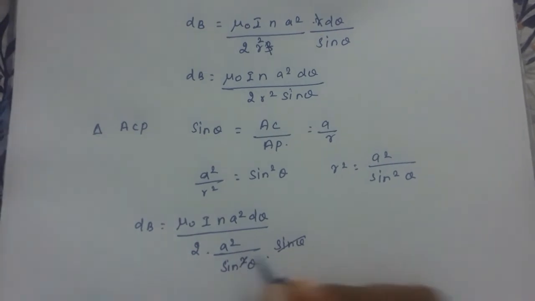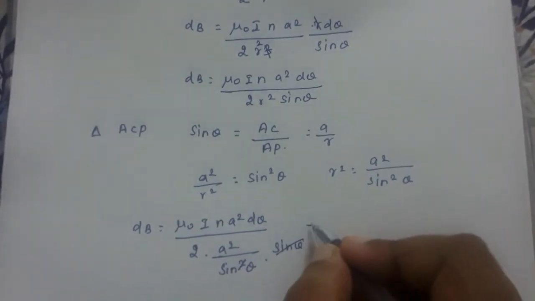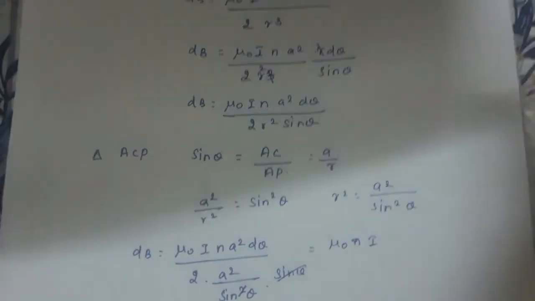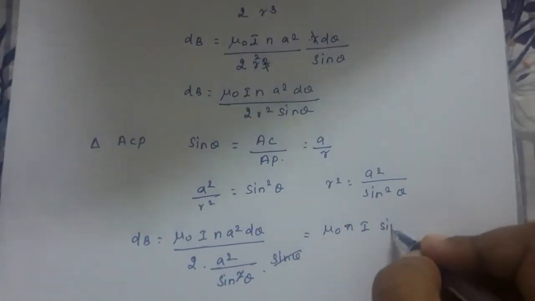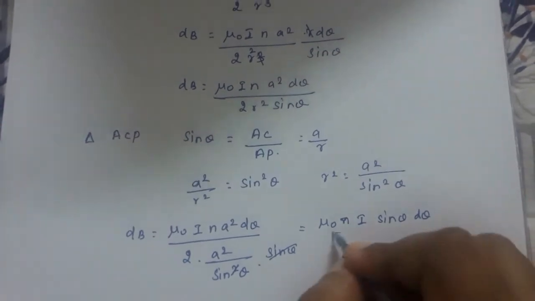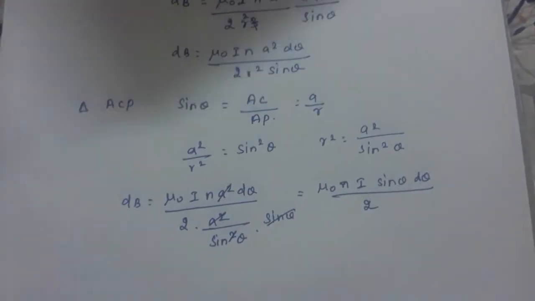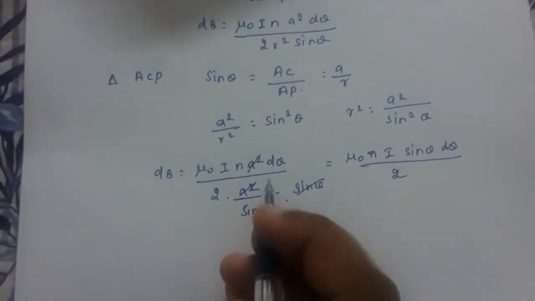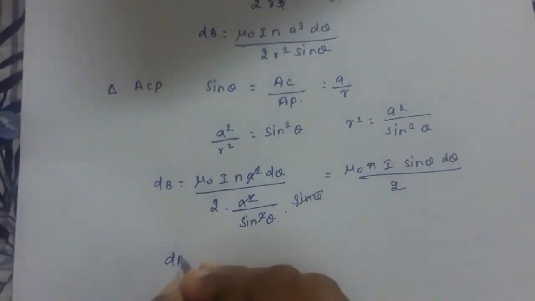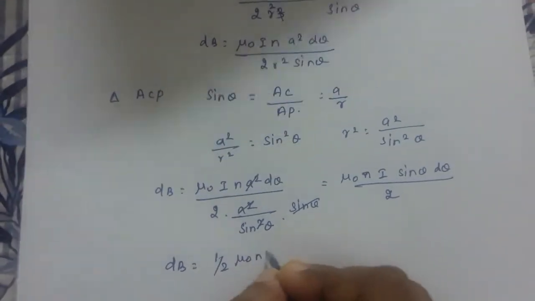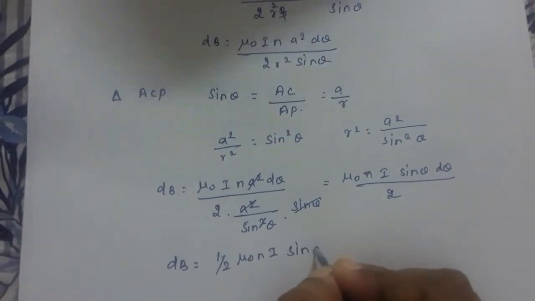So one sin theta and one sin theta will get cancelled, and this a square and a square will also get cancelled. Now we have got it for dB. So dB is equal to 1 by 2 mu 0 n I sin theta d theta.